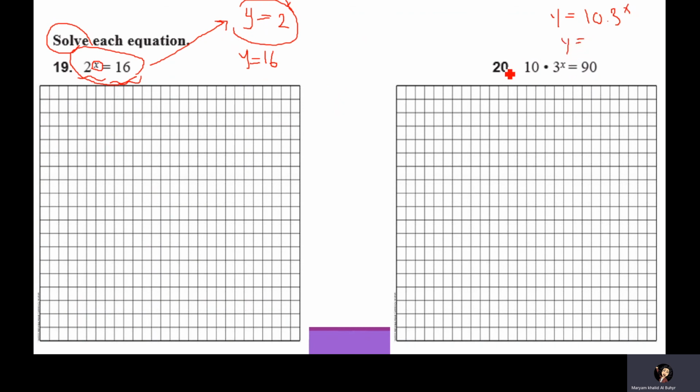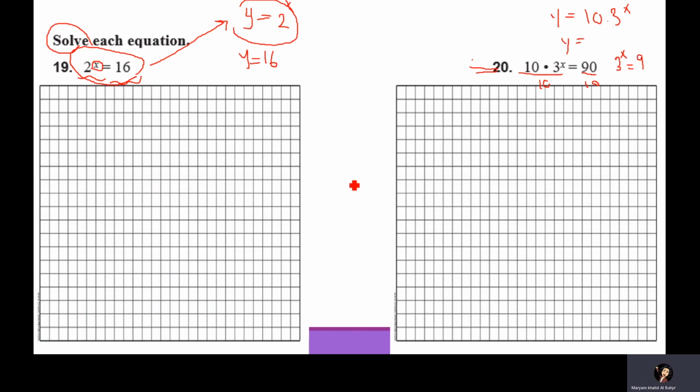There is a nice way here. You can simplify. Before you do that, can I divide both sides by 10? As I said, if you do something here and you do something here, your equation will still be the same. So I will have 3 to the power x equals 9.